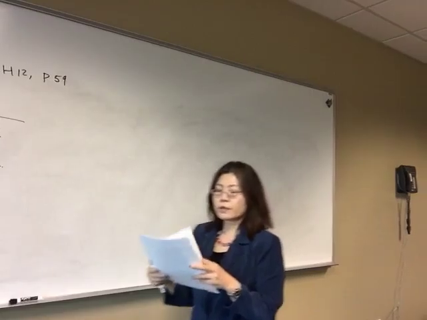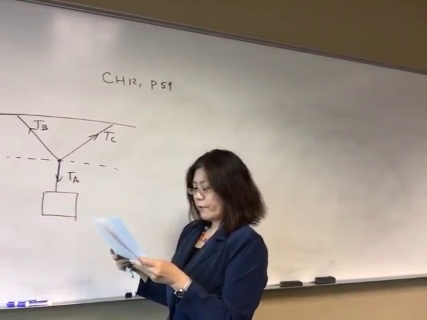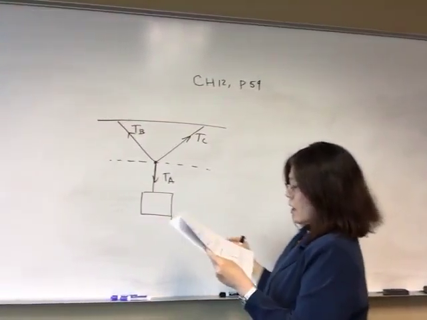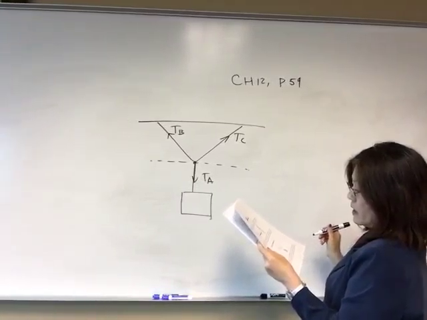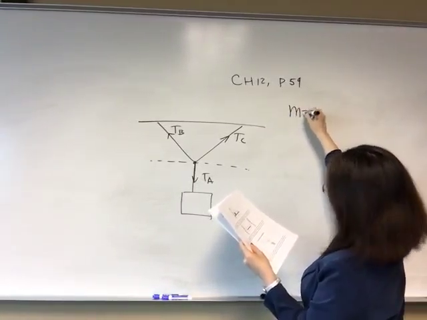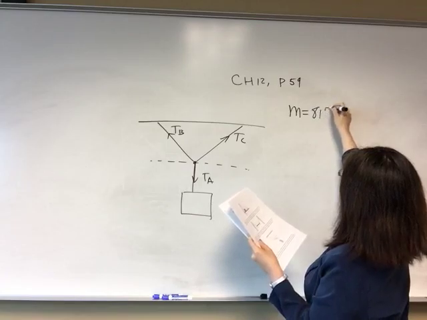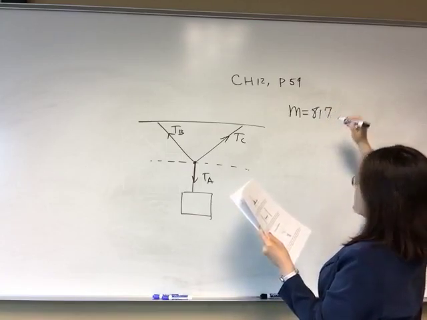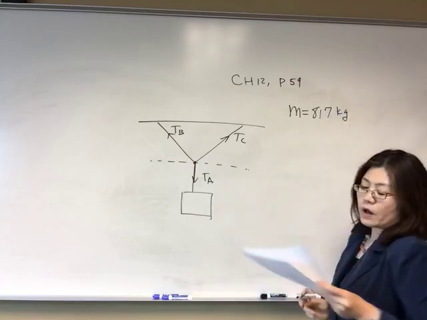All right, so let's look at this problem, 59. In this diagram, the mass of the bucket is given, 817 kilograms.